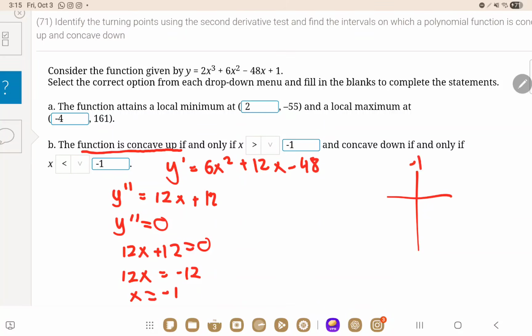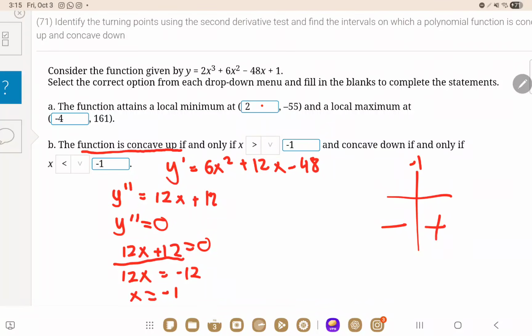Now you substitute into the double derivative. When x is less than -1, you just replace like -2. Let's say -2. -2 times 12 is -24. -24 plus 12 is a negative number. And when it's a number bigger than -1, like 0, it is a positive number, because 0 plus 12 is positive 12.